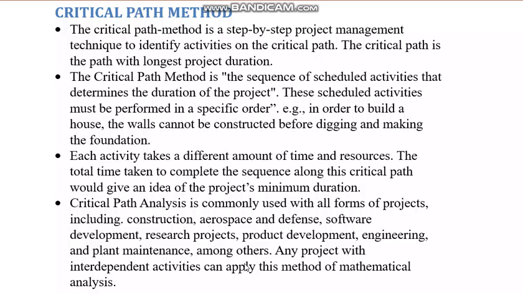Any project with interdependent activities can apply this method of mathematical analysis.